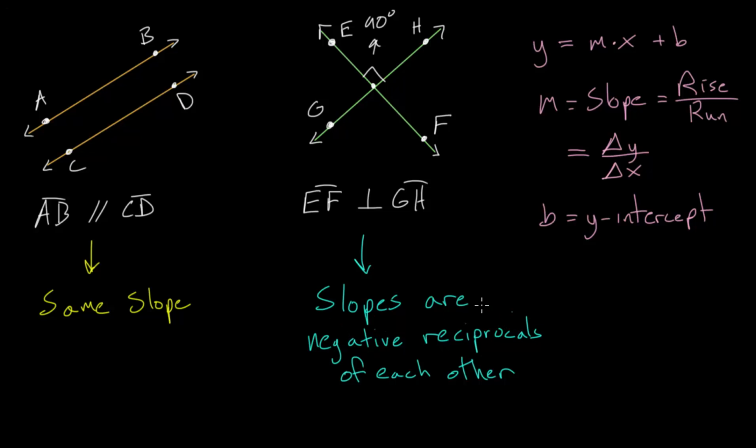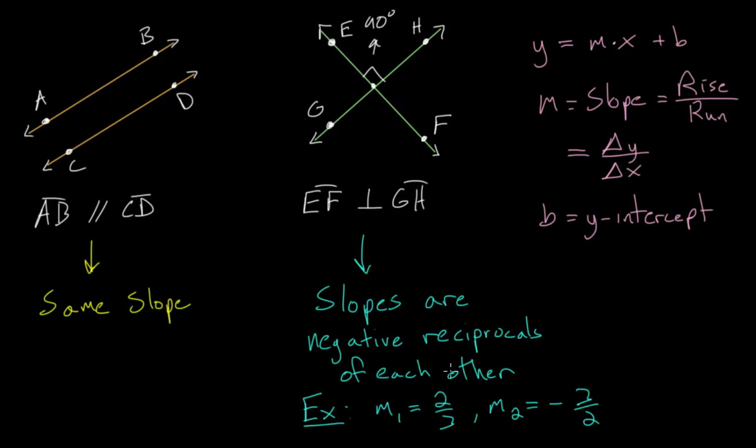And remember that reciprocal is a fraction that's flipped over. So let's say that for one of these lines, the slope we'll call m1 is equal to 2/3. Then the slope of the other line, which we can call m2, we take the reciprocal of this and we take its negative. So it would be minus this fraction flipped over, which would be 3/2.